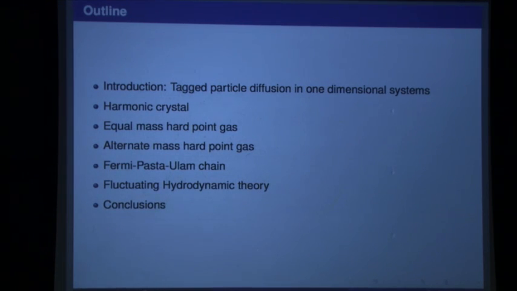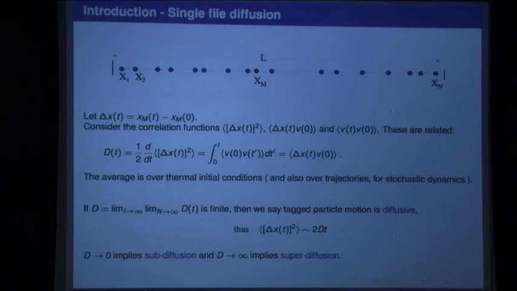I'll describe all these models, and try to see if there are any universal features, and basically try to understand tagged particle diffusion in all these models. There are some microscopic studies, and then there's some attempt at trying to understand using fluctuating hydrodynamic theory, and I'll then discuss the results.